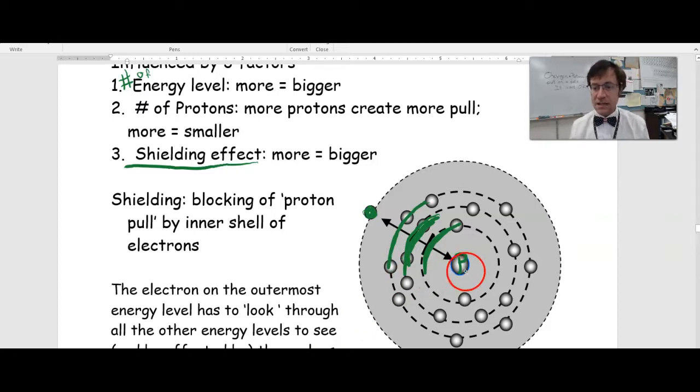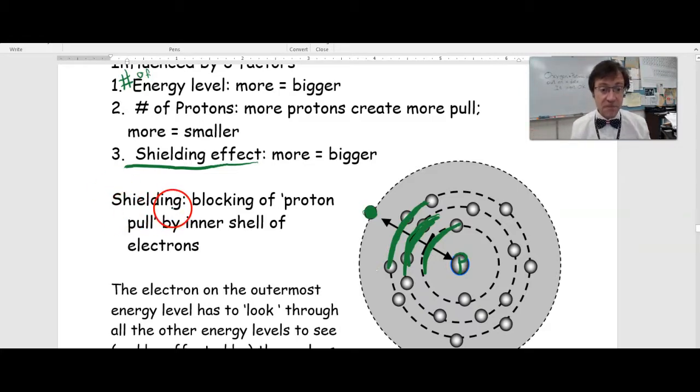You can almost think of it as if protons were a light and this electron needed to see that light. It's really hard to see the light through 3 layers of clouds. It just gets dimmed, just like that proton pull is getting dimmed because it has to break through those 3 layers of negatively charged electrons.